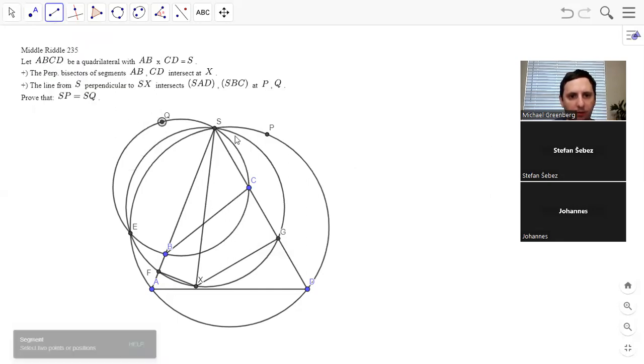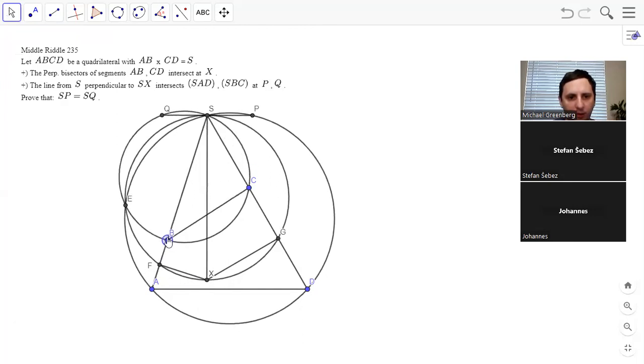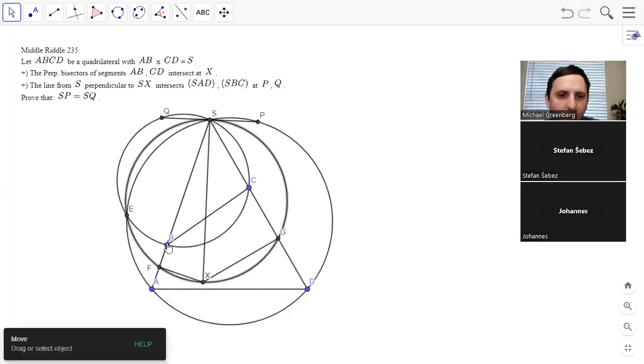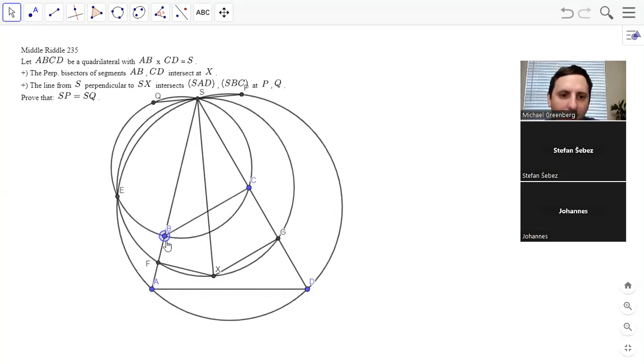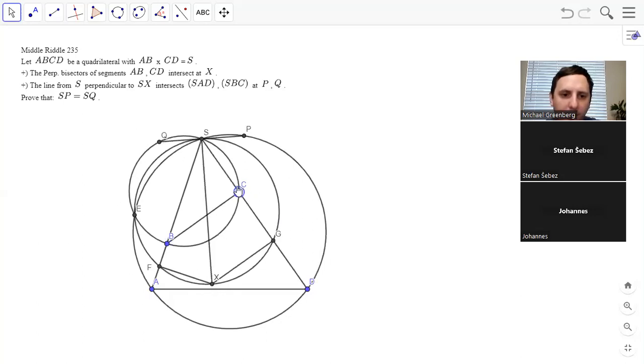I feel like this almost feels like a generalization of another problem we did earlier. So is this tangent to the circle? I wonder if this segment's tangent. It is. Okay. So I feel like we did this problem before. I just don't remember exactly.